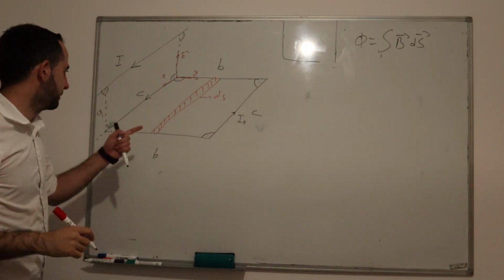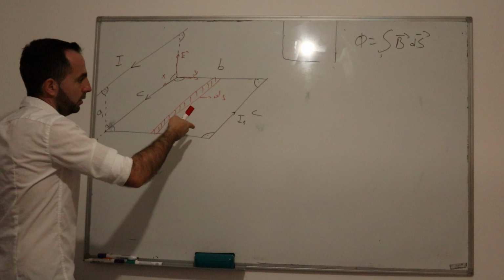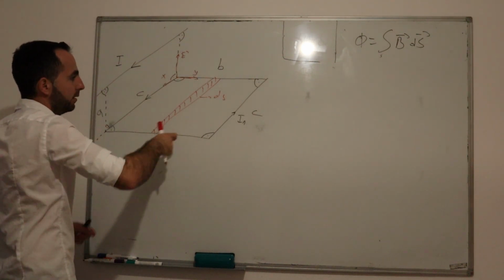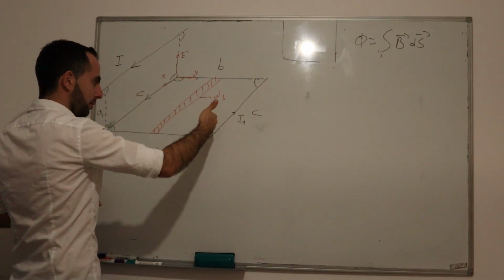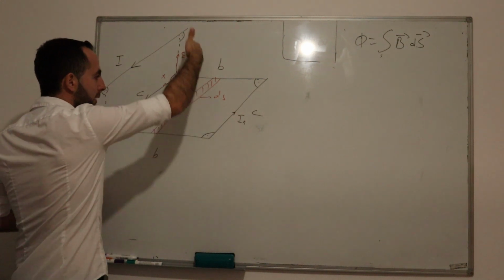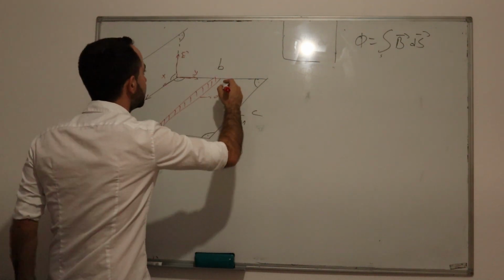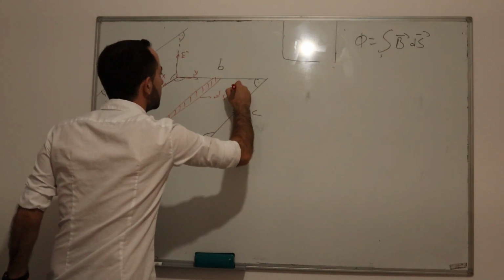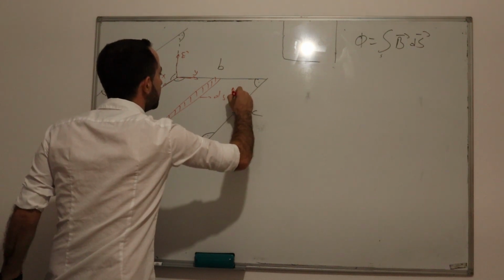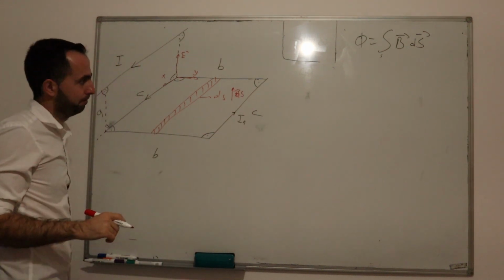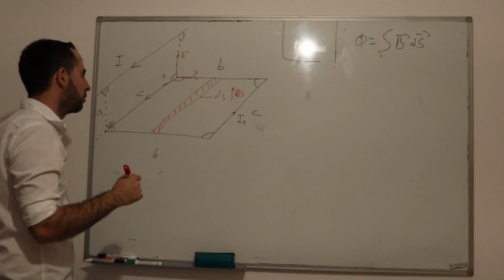What is its direction? Because we have a directed contour, it is determined with the right hand rule, where we can see that the direction is up along the z-axis. So this is our ds, normal to the surface.